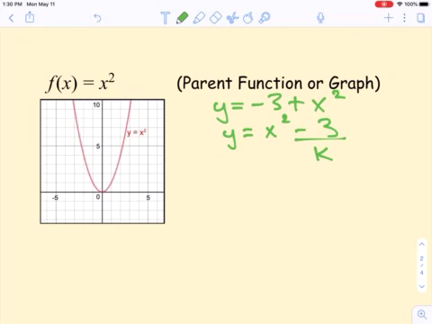That means that instead of moving this up like we did the last one, we are going to move it down 3 units. So I'm going to go 1, 2, 3, and put my dot right down here. This one would come down 3, and I'd have a dot here. This one right here would come down 3, and I'd have a dot here. This one up here at 9 would come down 3 to 6.